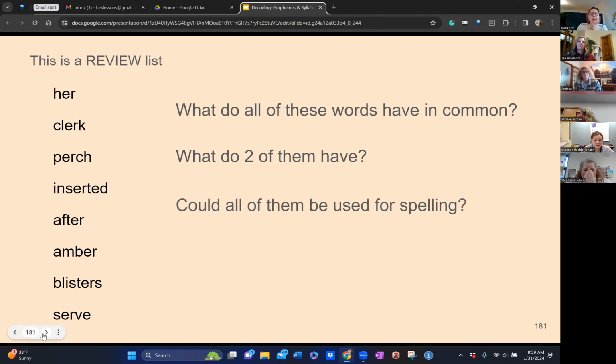Okay, very good. Could all of these words be used for spelling? Are there any words here that we would not have the kids spell for some reason? And if there is a word that you think should not be for spelling, what is it?